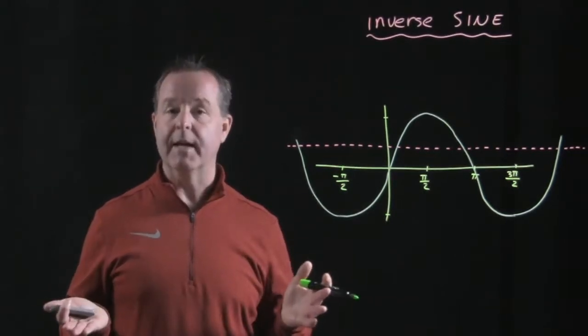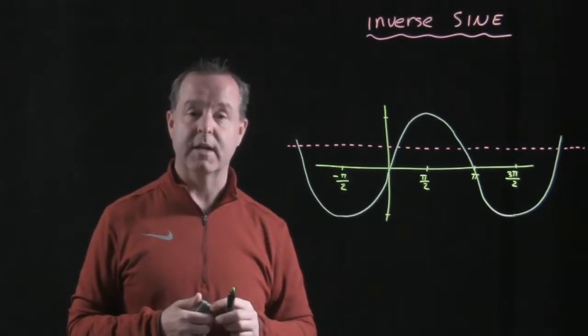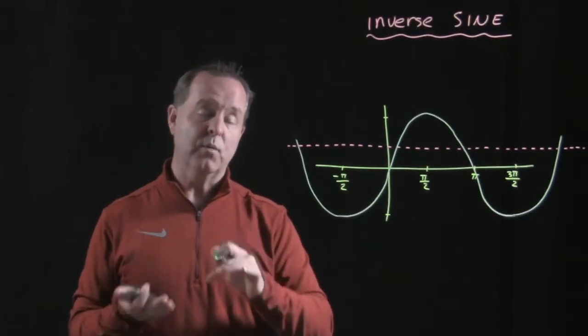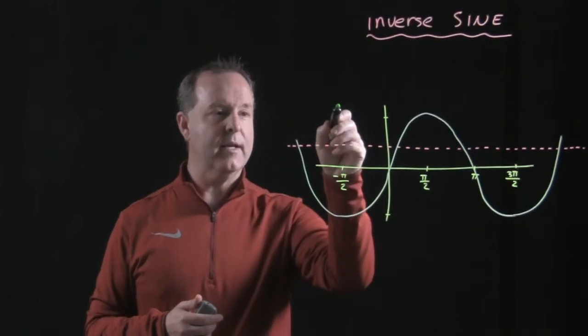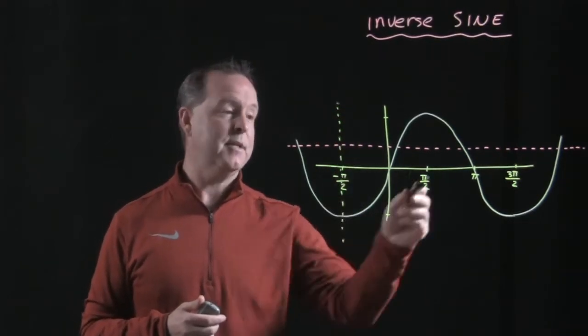So what do we do? Is there a way to look at some of the information from an inverse sine in some way? What we do in that case is we restrict the graph, which means that we look at a segment of the graph, for example, from negative pi halves to pi halves.